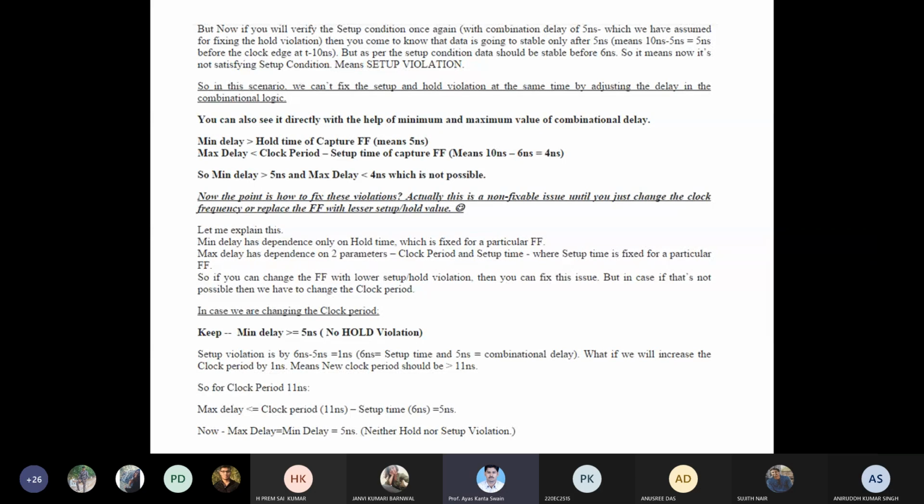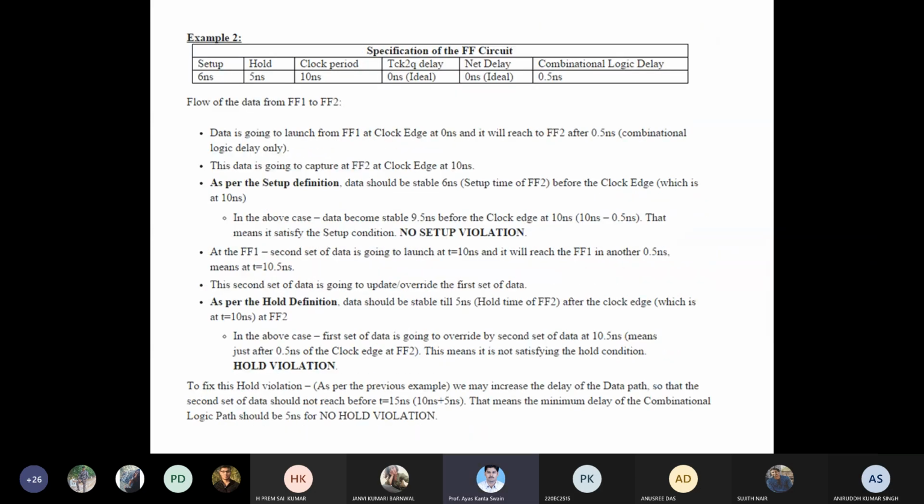Are you getting my point? Because the setup is 6, so you have to have a minimum of 5 nanosecond delay in order to reduce the hold.